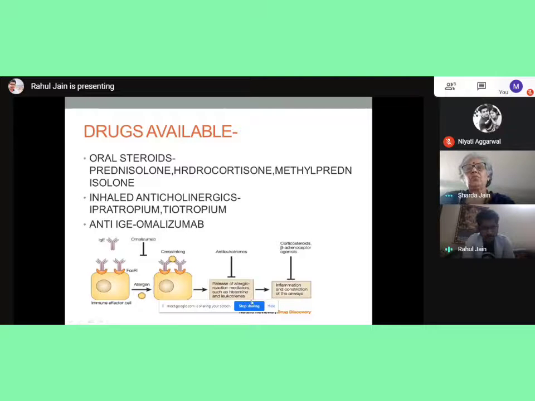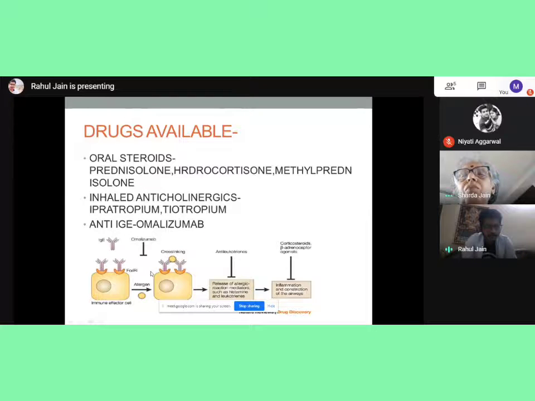So this figure down here summarizes basically the mechanism of all the drugs and where they are acting. First of all, we have already discussed that IgE comes and sits on the immune cells, and then whenever the allergen comes, this allergen sits on the IgE, reacts with it, and causes degranulation and release of all the histamine mediators, which causes all the symptoms. So when I give omalizumab, the omalizumab goes and binds these receptors itself.